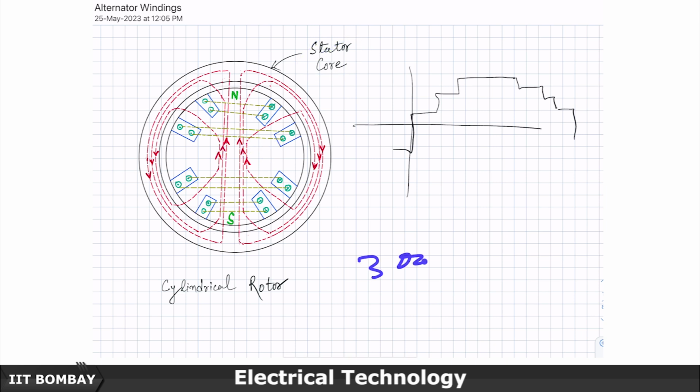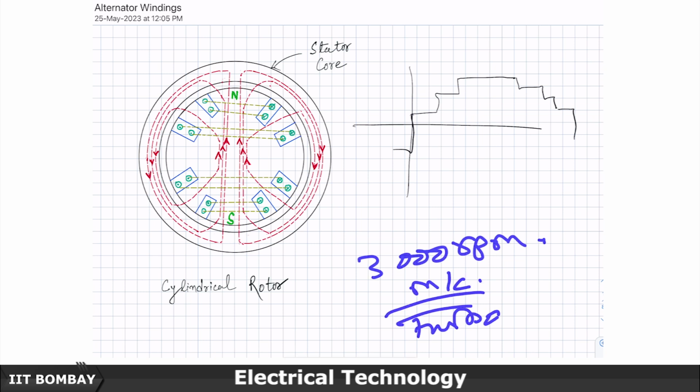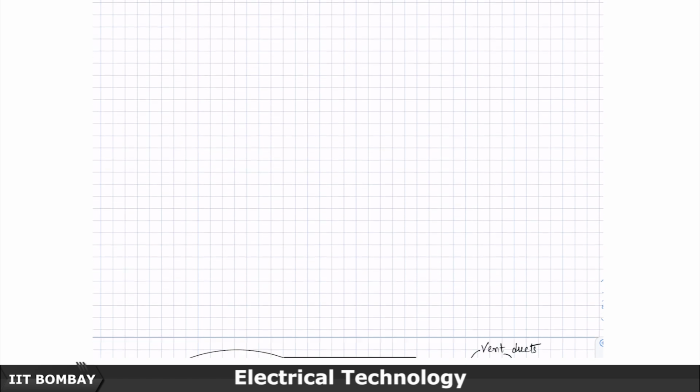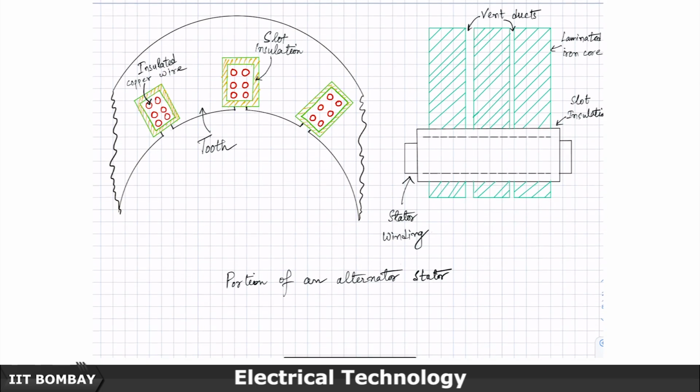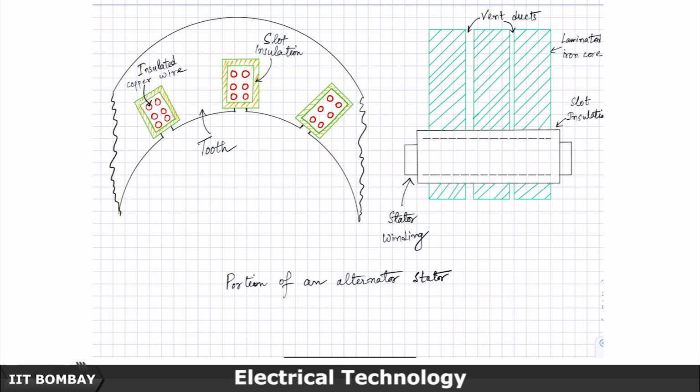This is usually the construction of a 3000 RPM machine, a turbo alternator. Now, if you look at the portion of the alternator stator, whether it is a salient pole construction, that means 10 poles, 16 poles, or whether it is a 2 pole construction like a turbo alternator, the stator is always non-rotating.